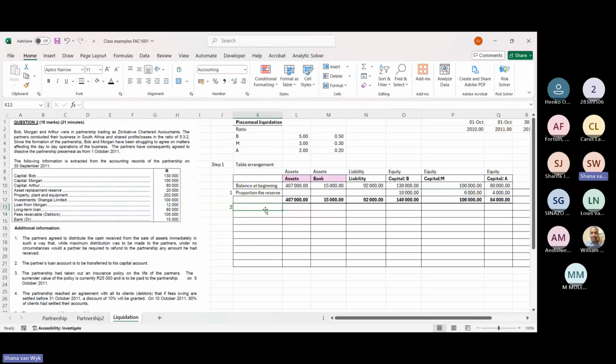Now we're going to sell assets. Usually these questions ask us to disclose liabilities and capital in brackets because it's a credit balance.